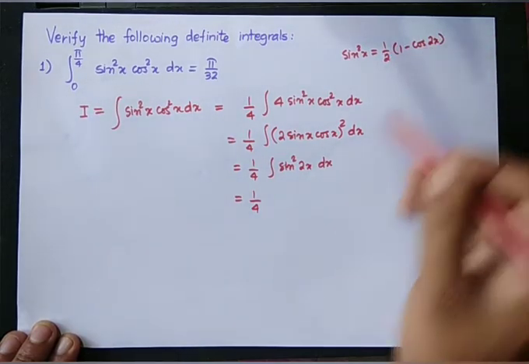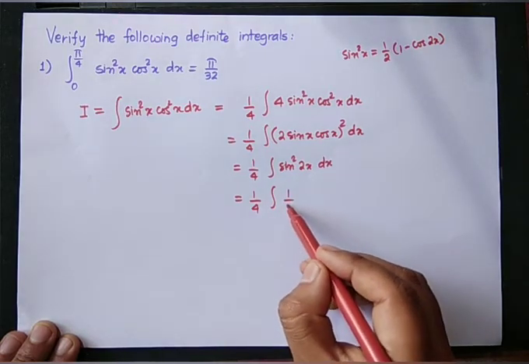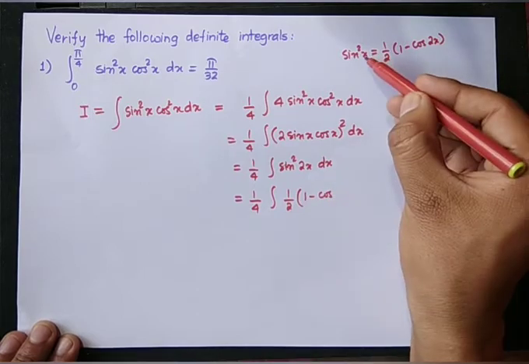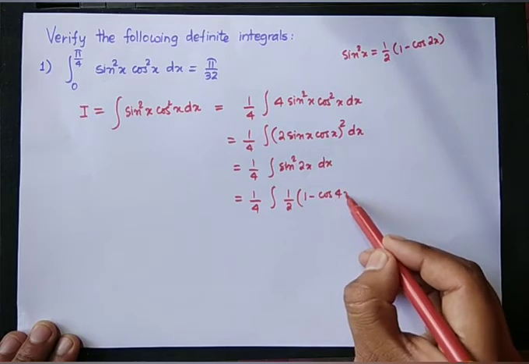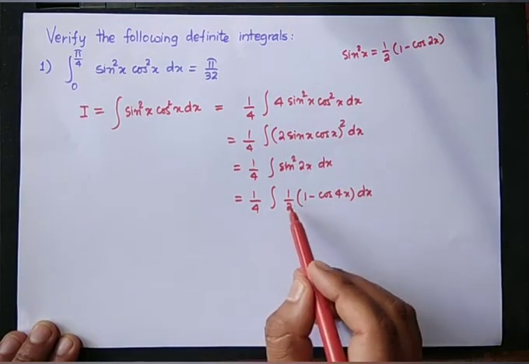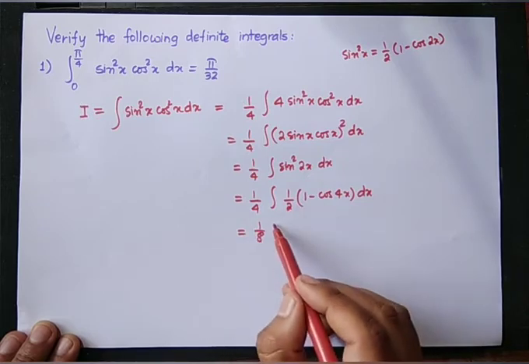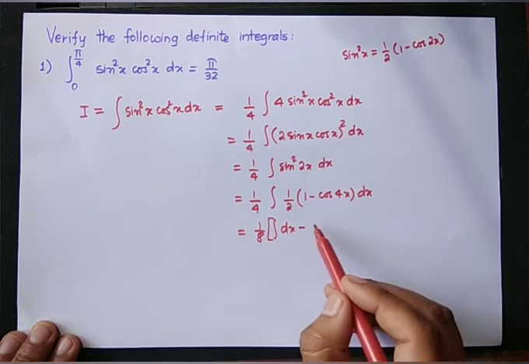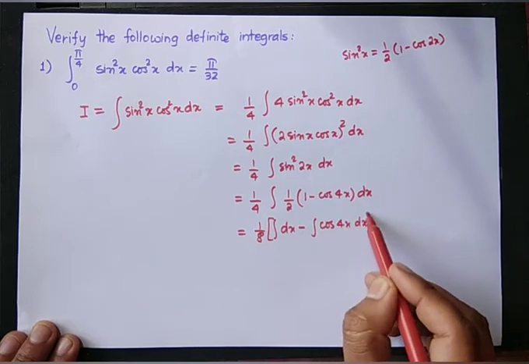So the same formula I am going to use here. I'll get half of 1 minus cos, and whenever it is x it becomes 2x, but here it is already 2x, so I'll get 4x here. The 1 by 2 comes out, so we have 1 by 8 times the integral of dx minus the integral of cos 4x dx, right?